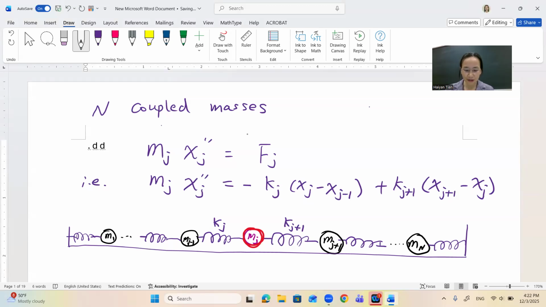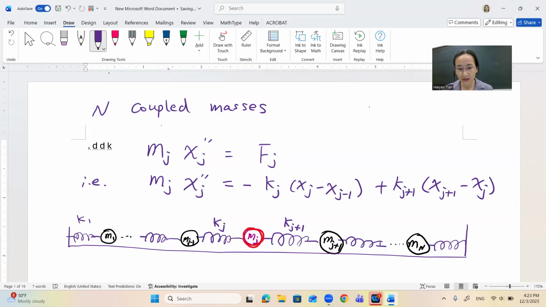So each spring has a constant, for example K1 is for the first spring. It is the constant for the property of the spring. And then we have K1 that is connected to M1.